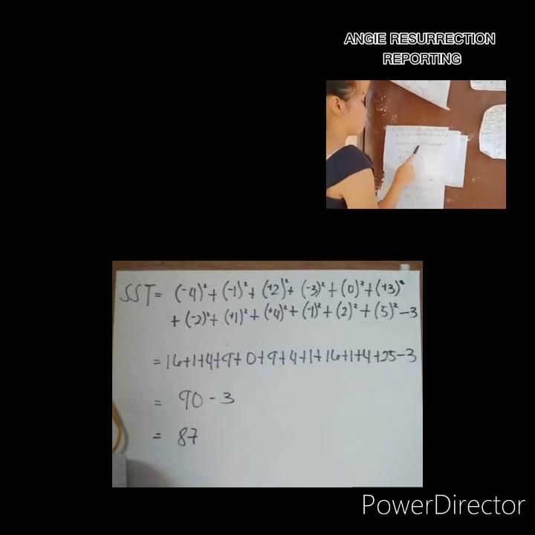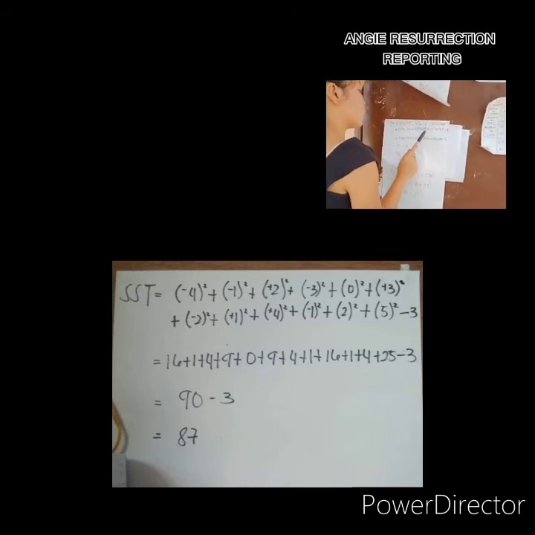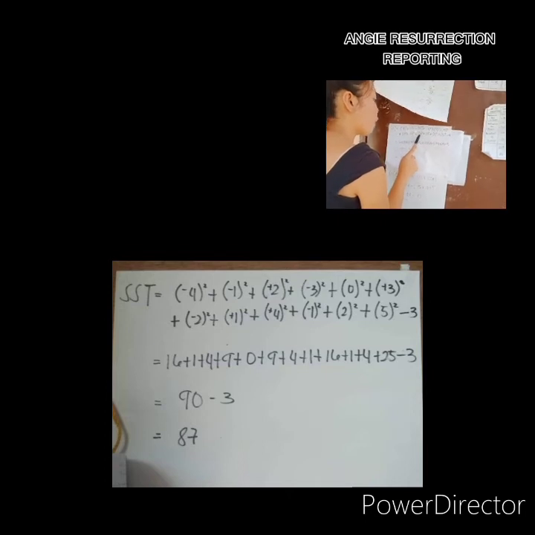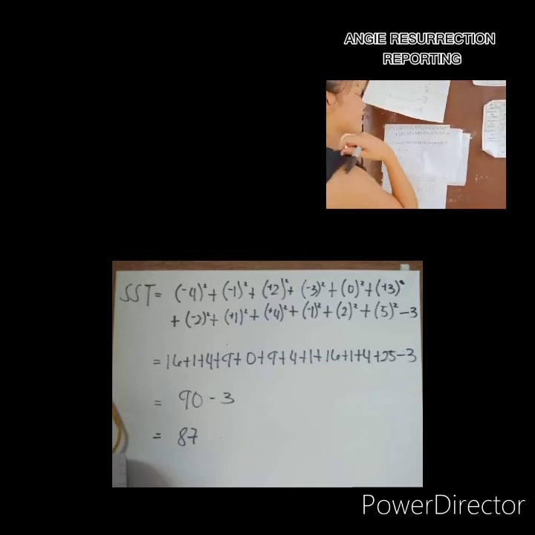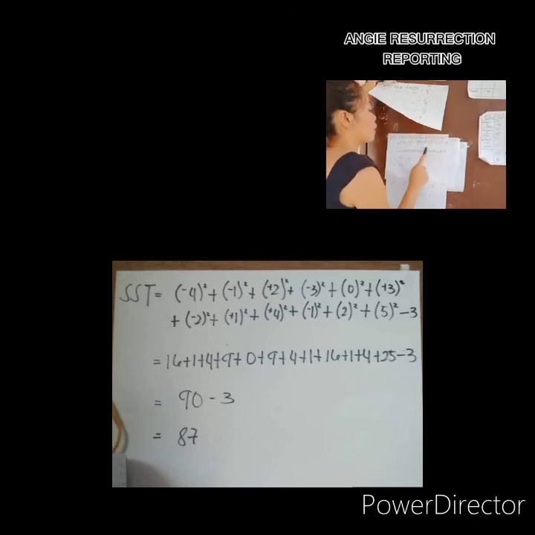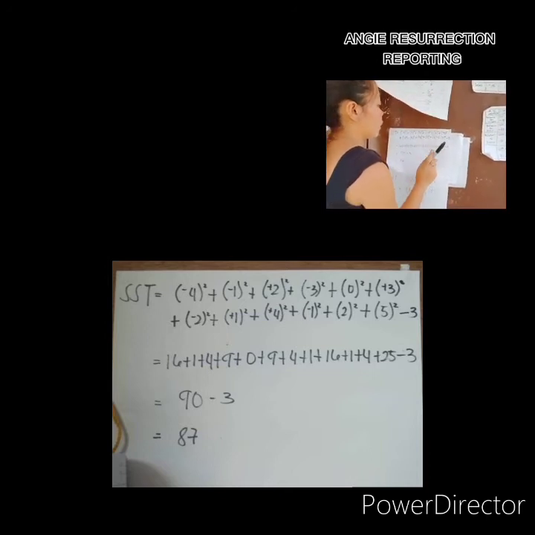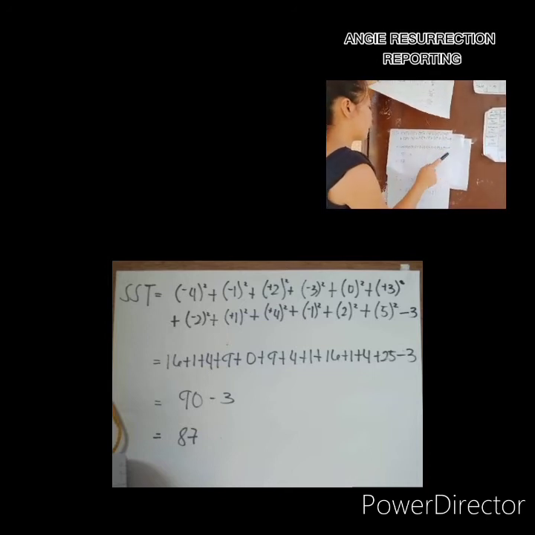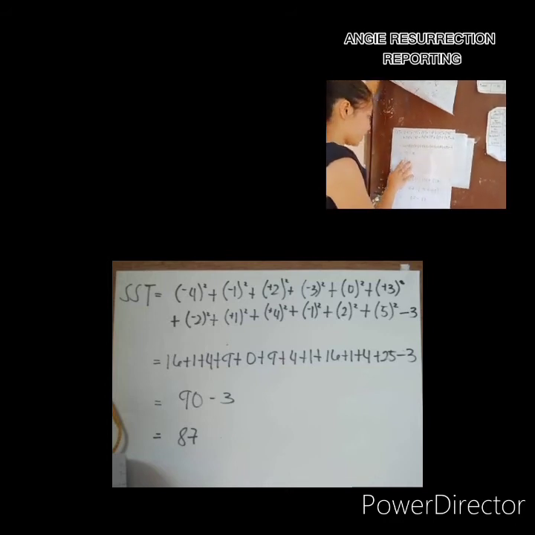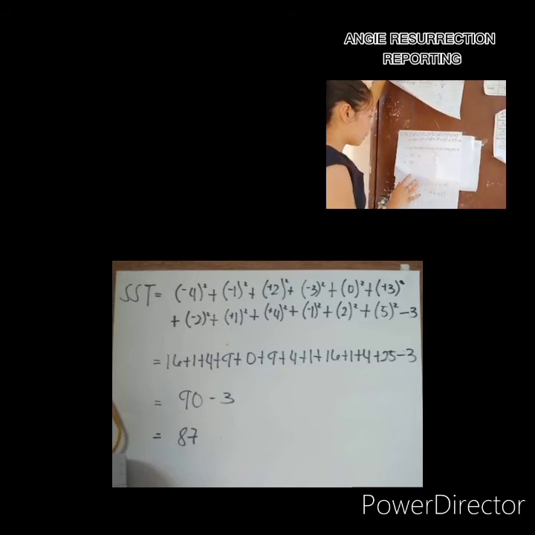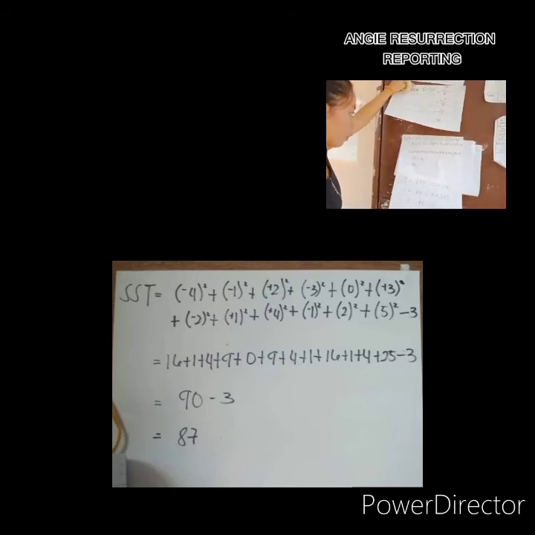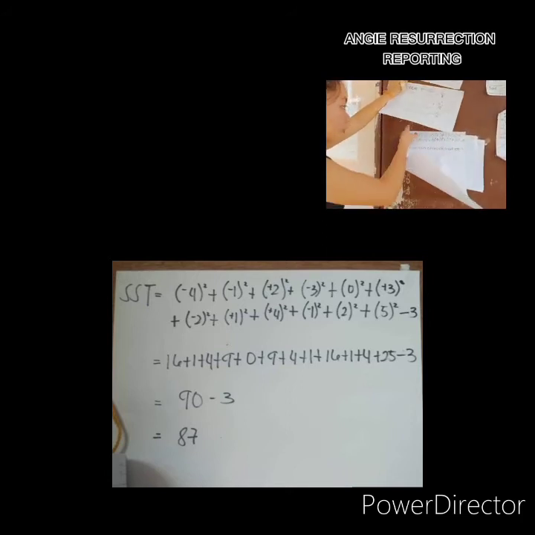Minus 2 squared is equal to 4. Minus 1 squared is equal to 1. 4 times 4 is equal to 16. Plus 1 times 1 is equal to 1. Minus 2 times 2 is equal to 4. 5 times 5 is equal to 25, minus 3. So the total of 90 minus 3, the total sum of square is 87.